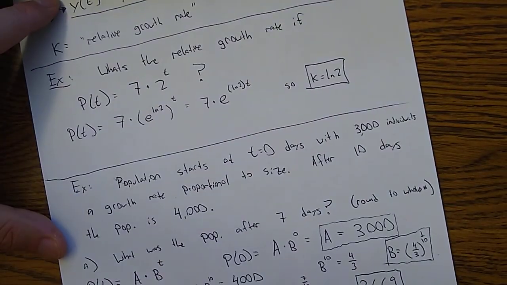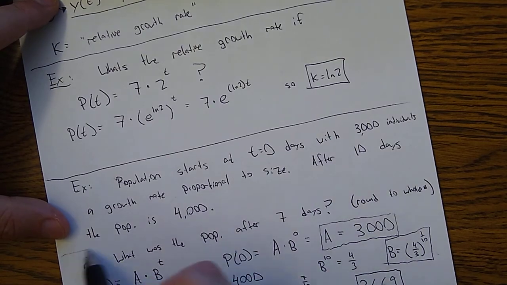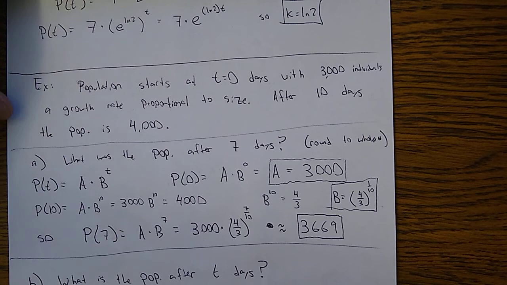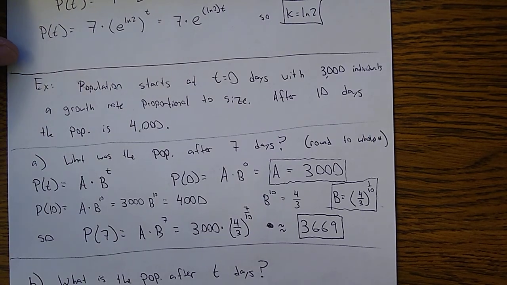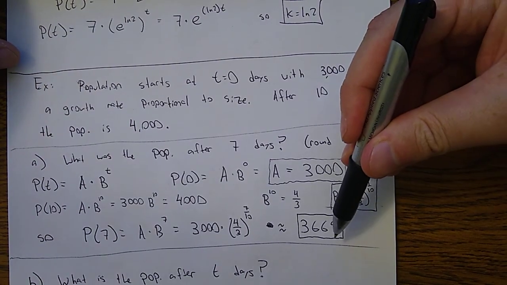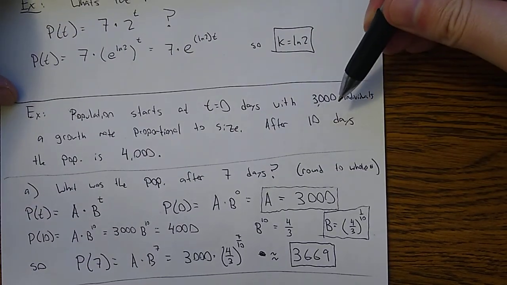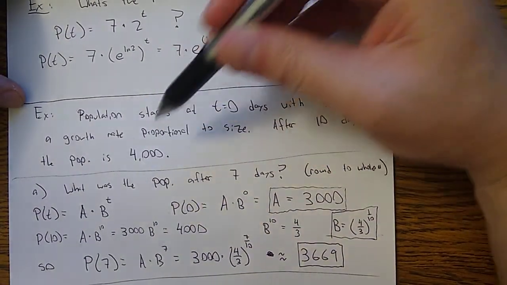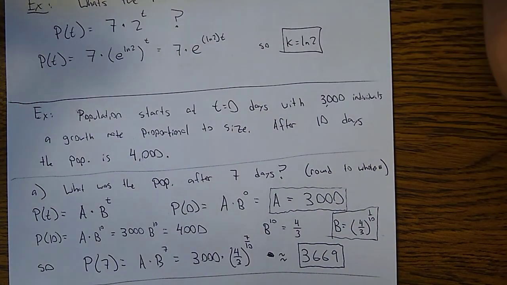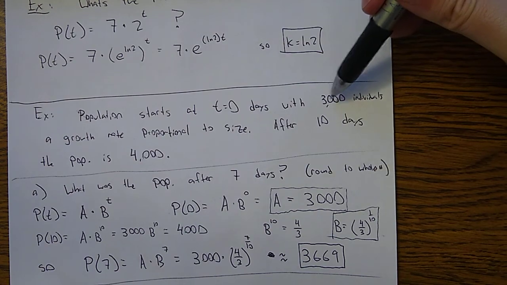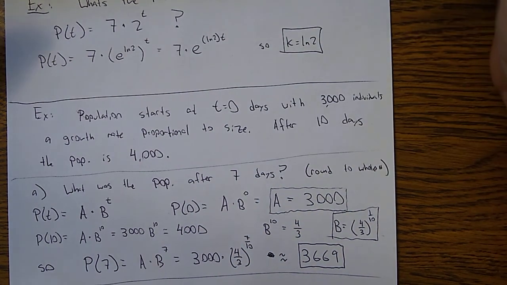And I encourage you, when you do things like this, to take a second to think about whether the answer makes any sense. And I would say this answer does make sense just intuitively, because at 0 days I had 3,000, and at 10 days I had 4,000. So if I'm looking at 7 days, it should be somewhere in between 3,000 and 4,000.